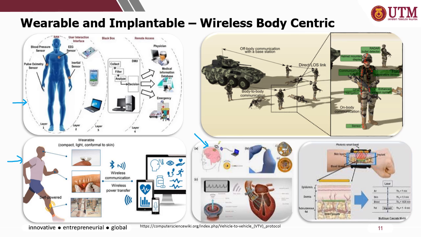Okay, and in military systems, there's body-to-body communication, off-body communication, on-body communication and in-body communication. So implantable is basically in-body communication. So wearable may include in-body and off-body communication. And we may also have off-body to off-body communication as well.